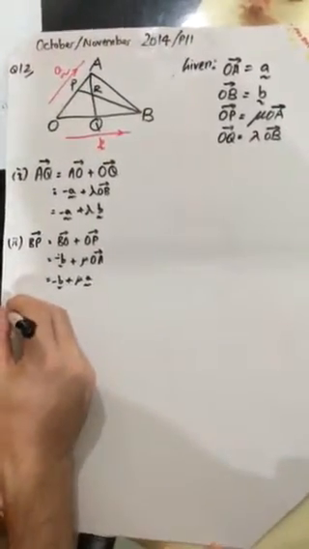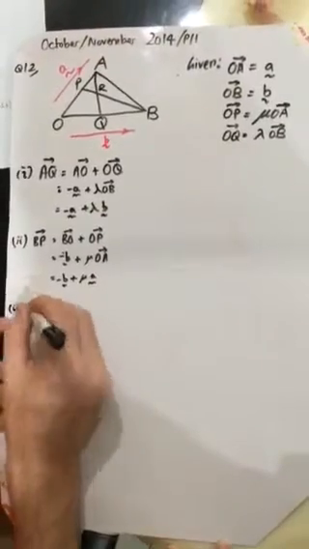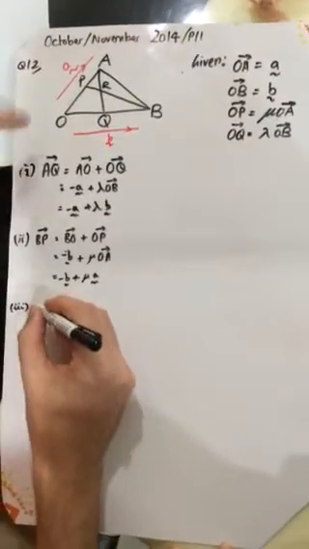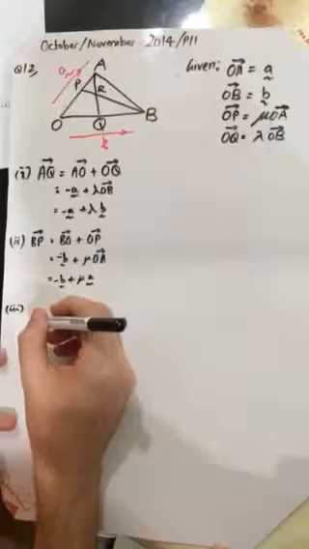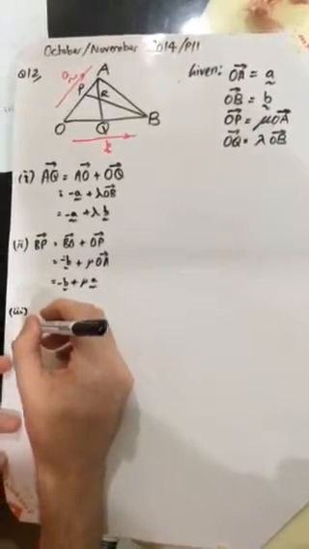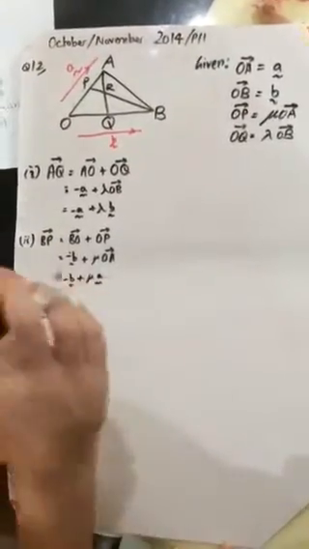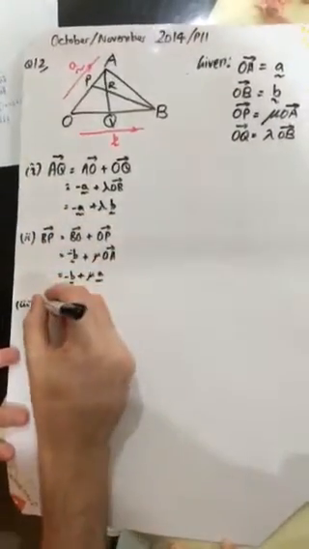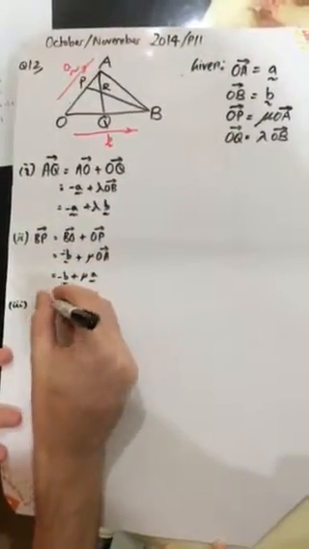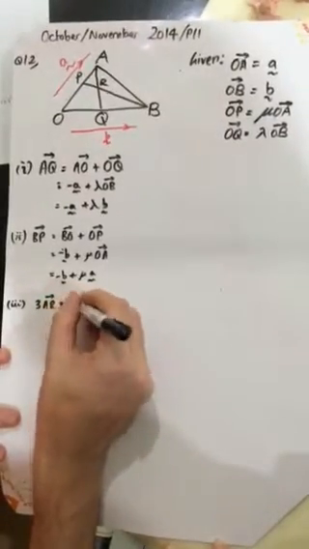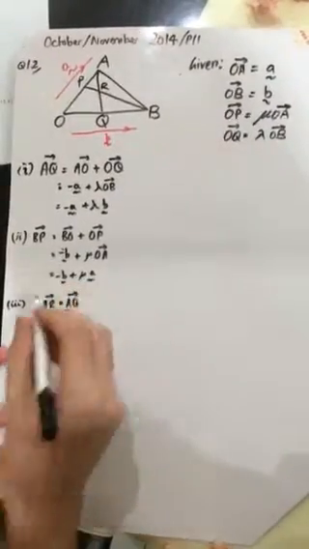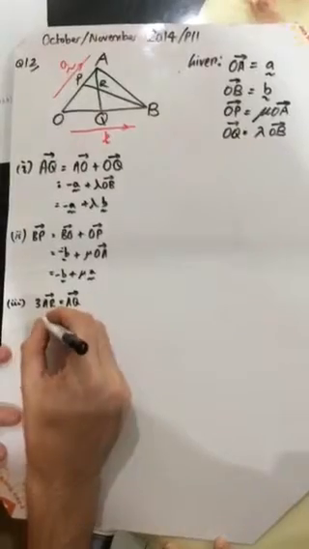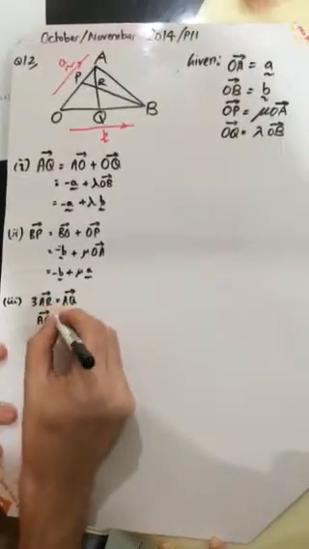Part 3 gives us some new information. It tells us that this intersection point R in the middle of our diagram has certain distances where the distances are a ratio. So we've got 3AR is equal to AQ. And I'm going to write that so that AR is the subject.